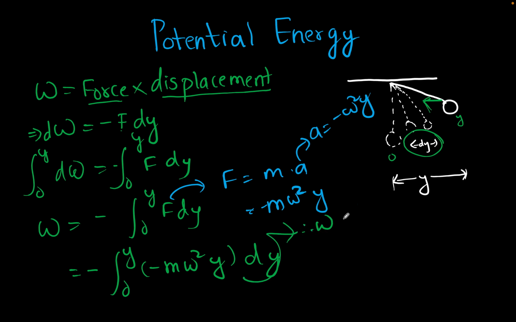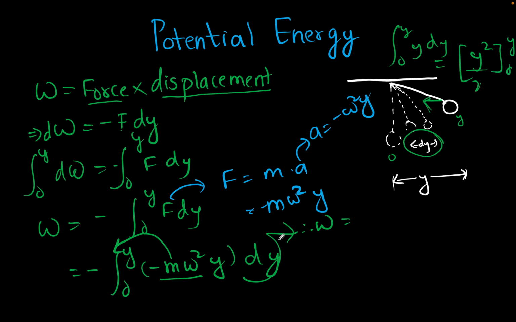Now work done is going to be, let's pull these three out from here, and the integration of y dy is y square by 2, right? Integration from 0 to y of y dy is y square by 2, from 0 to y.